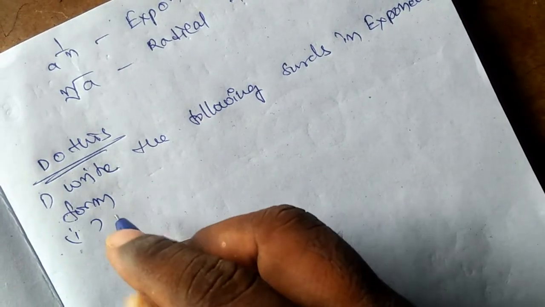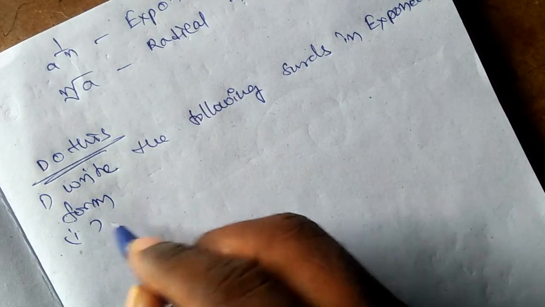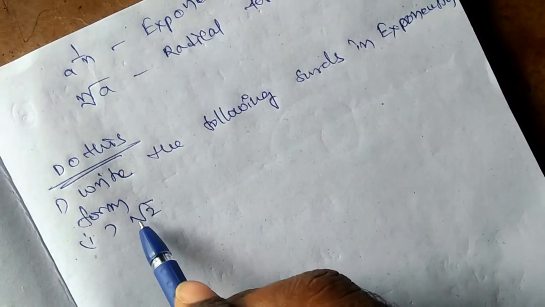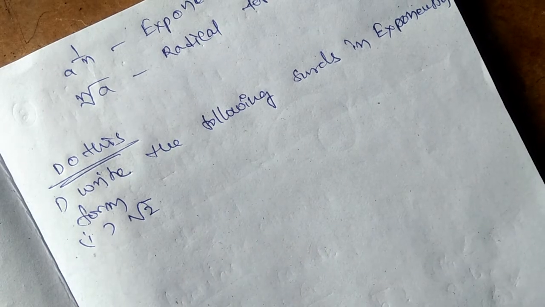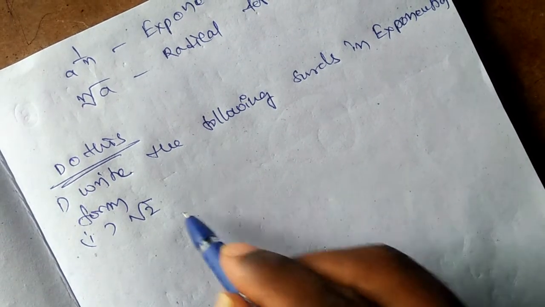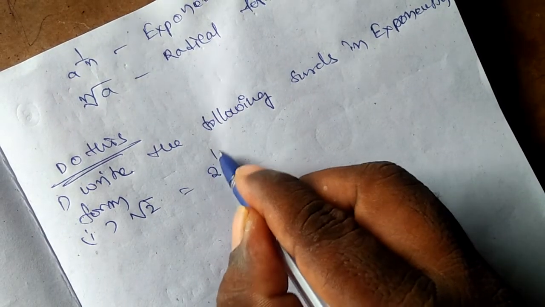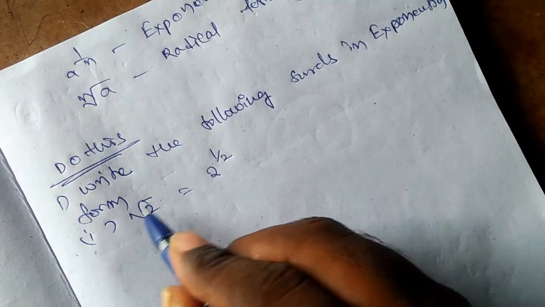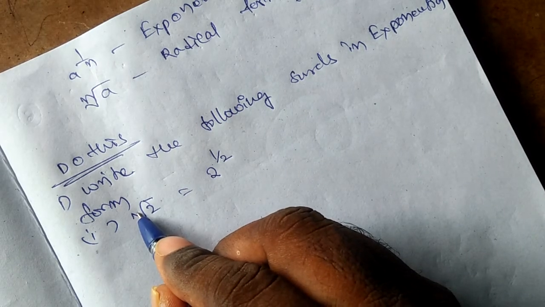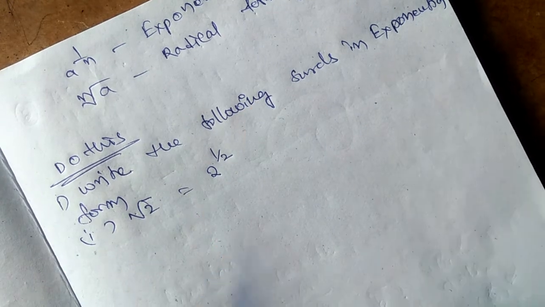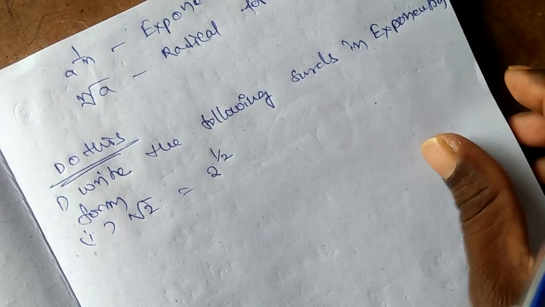First problem, what is the first problem? Root 2. There is a number in the root, so its value is 2. You can write the exponential form. 2 is the base. You have to write power 1 by 2. Whatever number is in the root, you write it in the denominator. So square root means 1 by 2.